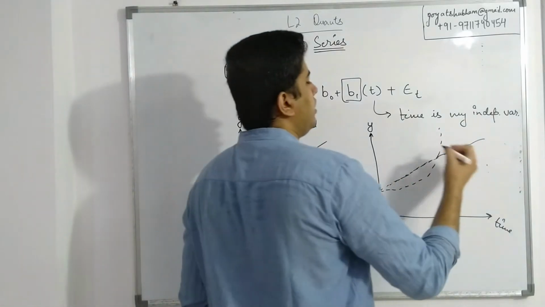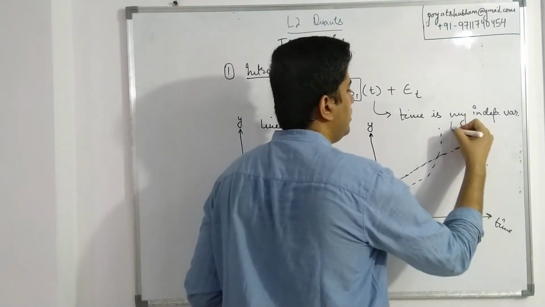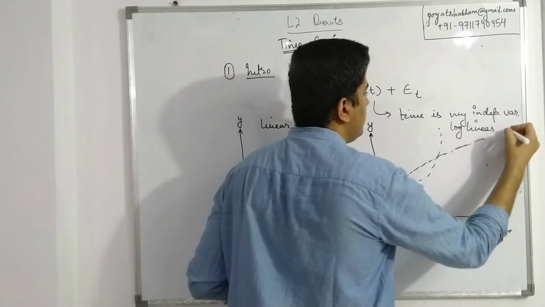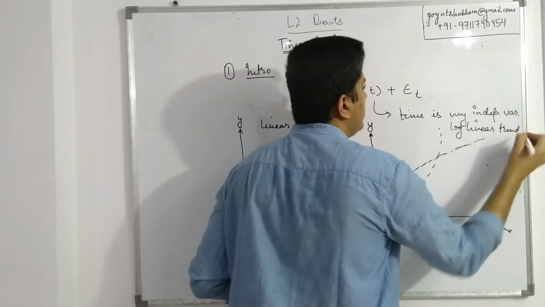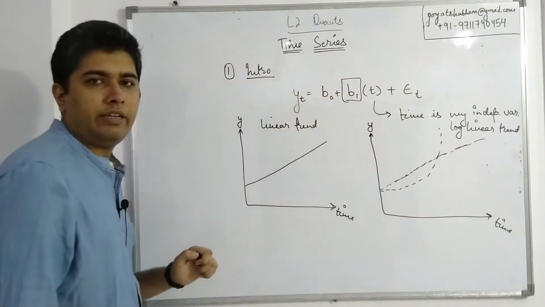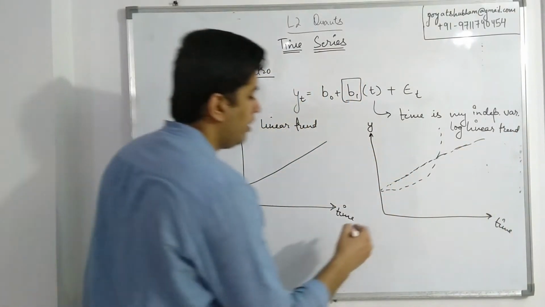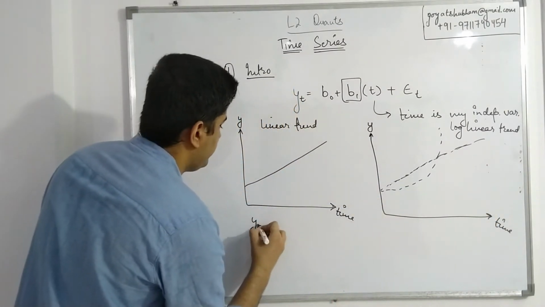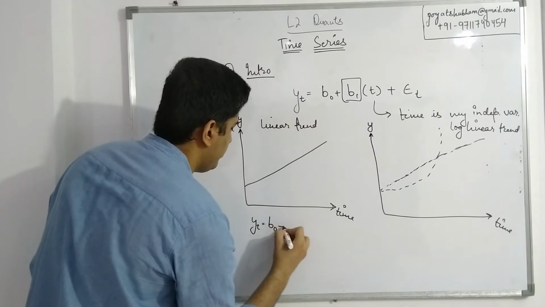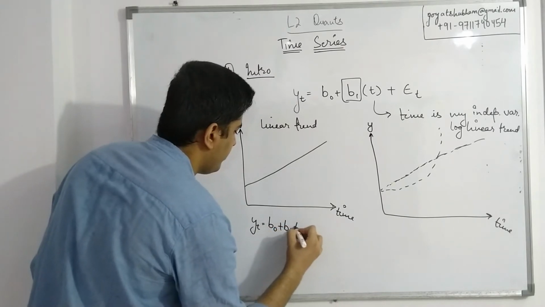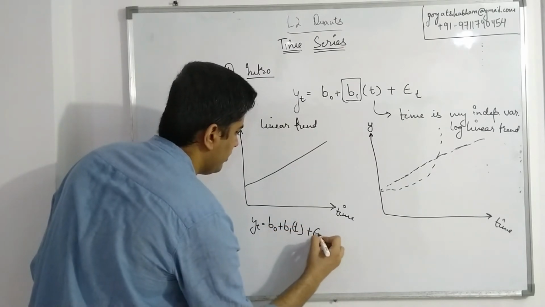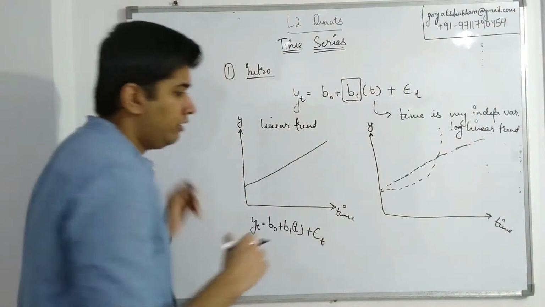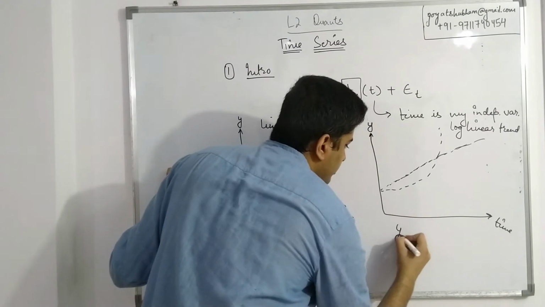This particular case is known as a log linear trend. So let's look at this log linear trend in the form of an equation. Over here, this line is denoting the same thing we had, b0 plus b1 t plus error. Whenever we have an exponential relation, it is quoted as something like this.